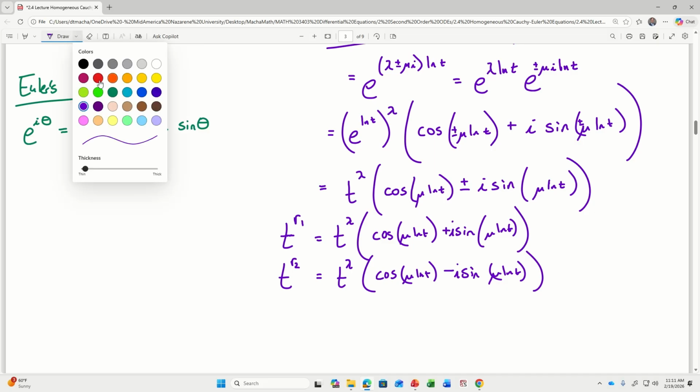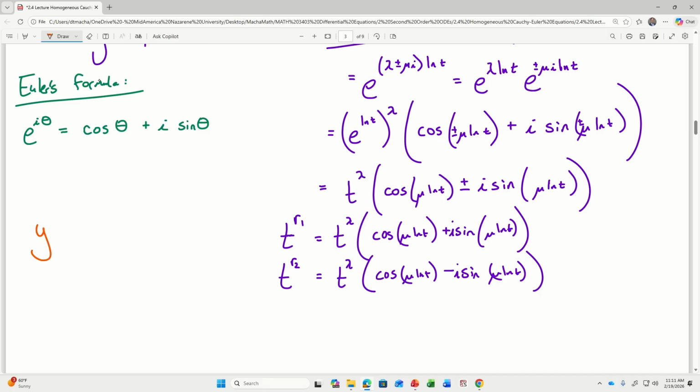So now what happens if I, again, look at some general solution where I've got a constant times t to the power r1 plus a constant times t to the power r2?